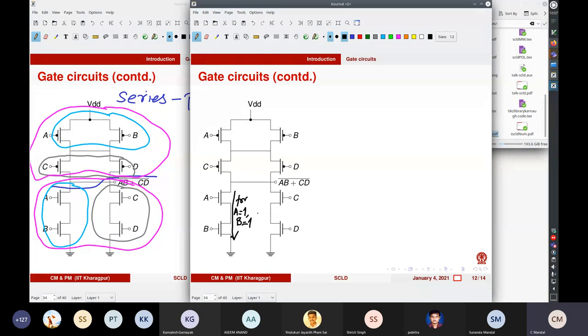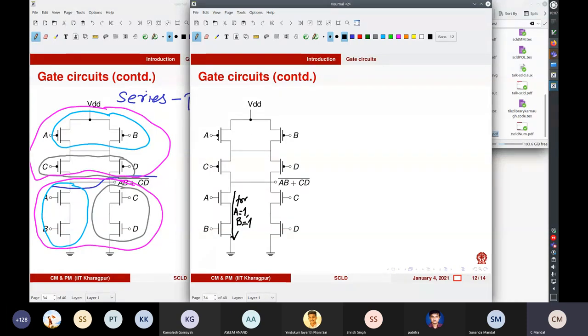All right, so if A and B are high, you would expect the output to go low, right? And you got to check that if A and B are high, you don't have a path from VDD to this place. That's why you have the series parallel dual.